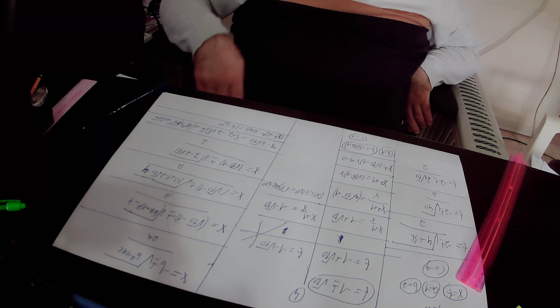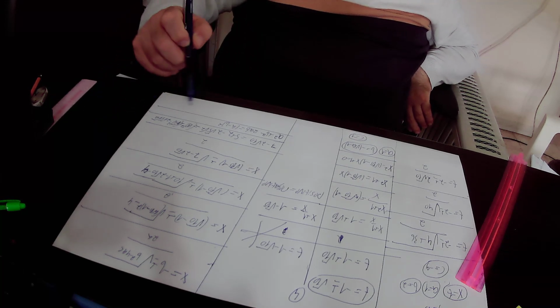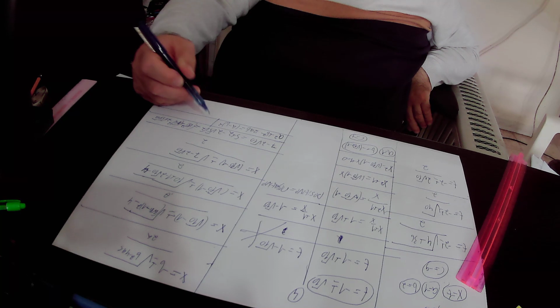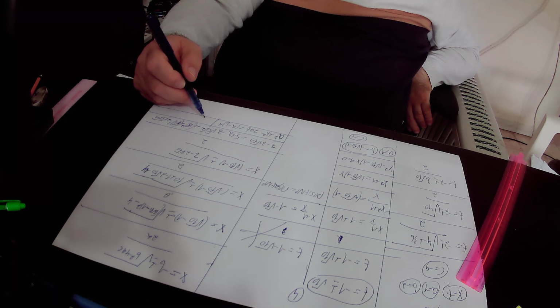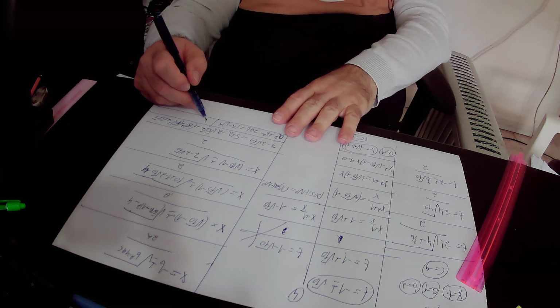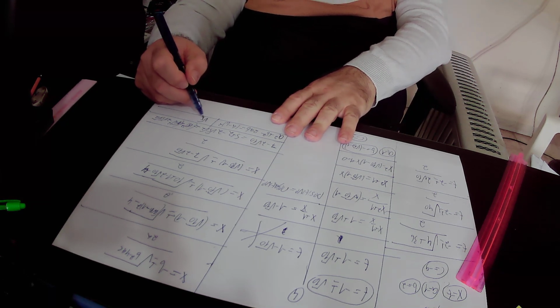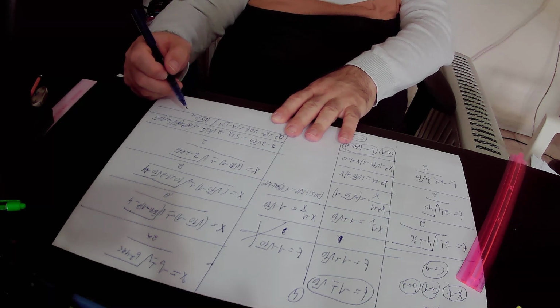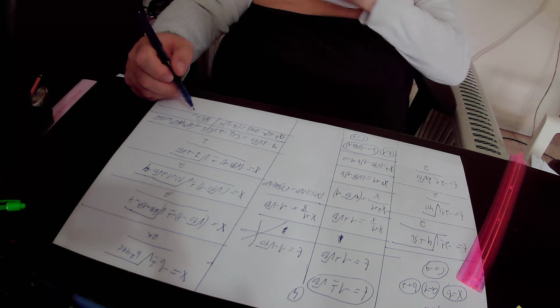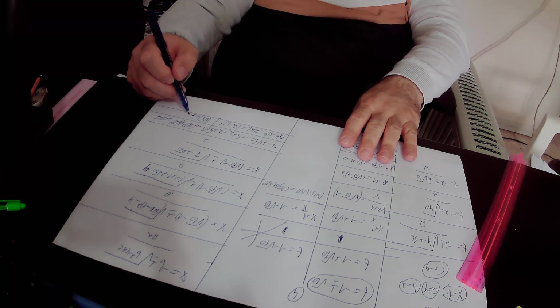So we do it and we will get that square root of 5, it is actually minus square root of 2, squared.